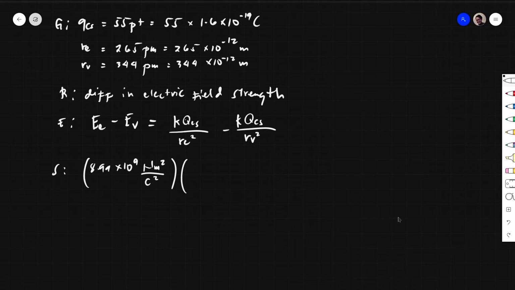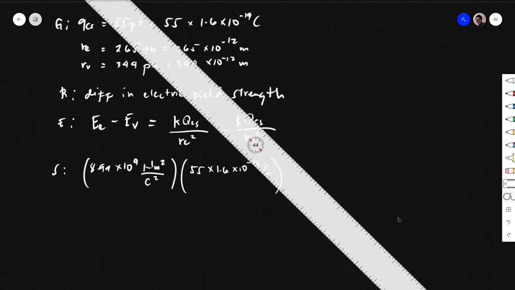Multiplied by 55 times 1.6 times 10 raised to negative 19 coulombs, divided by, oh, let's use a ruler for this one.